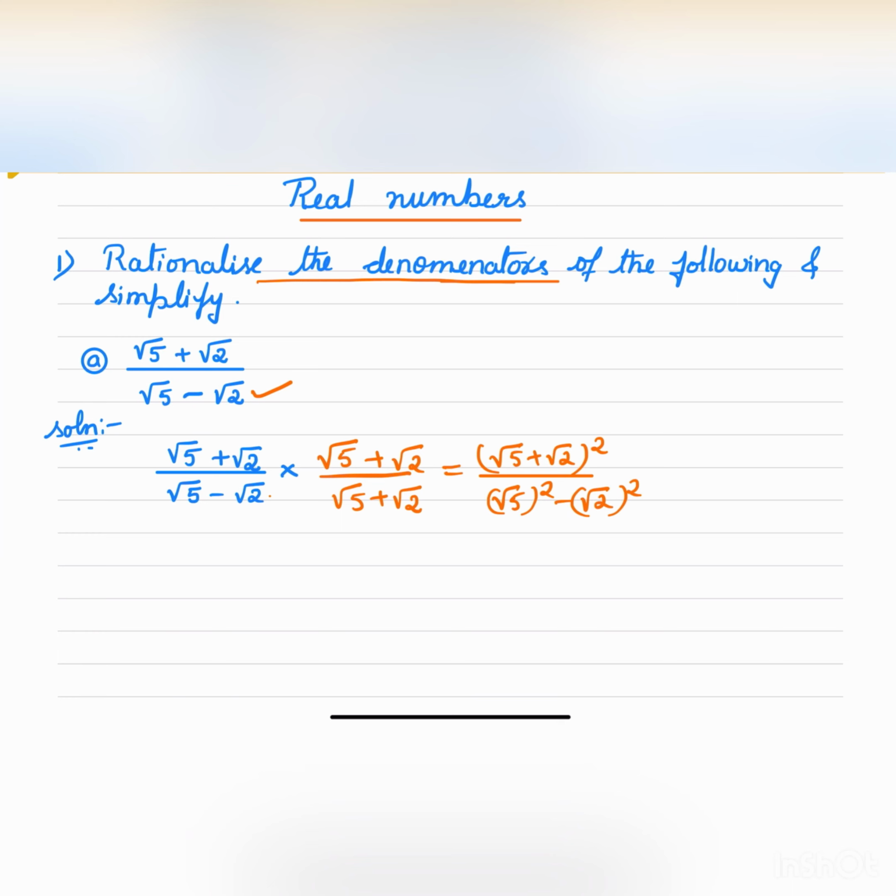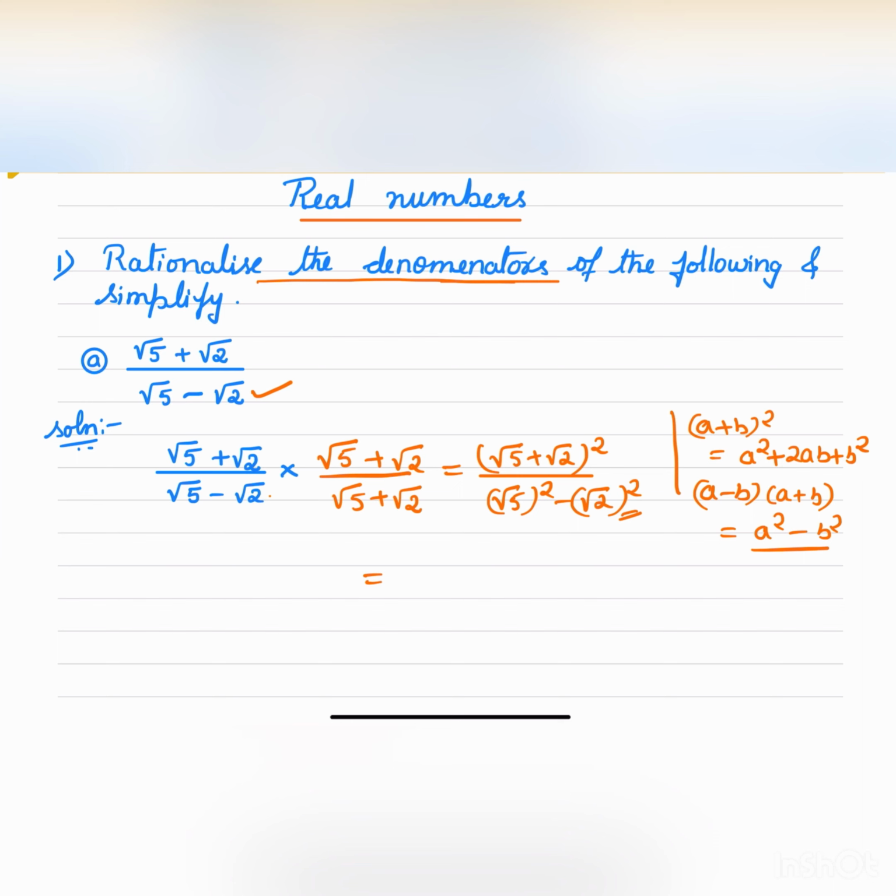Let us take root 5 plus root 2 whole square. It is in the form of a plus b whole square, which we can write as a square plus 2ab plus b square. And a plus b into a minus b will be equal to a square minus b square, as I have already written.